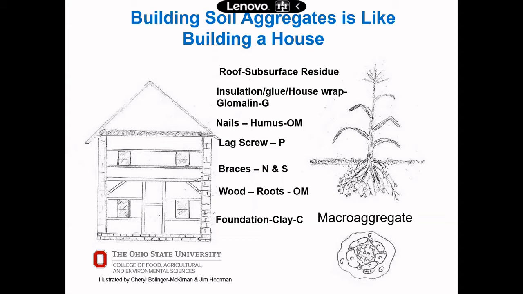It's too much oxygen. And when we get too much oxygen in the soil, the microbes break down the organic matter, and pretty soon our house, or our macroaggregate, becomes rubble, or microaggregates, and we lose a lot of pore space. So building soil aggregates is like building a house, okay?